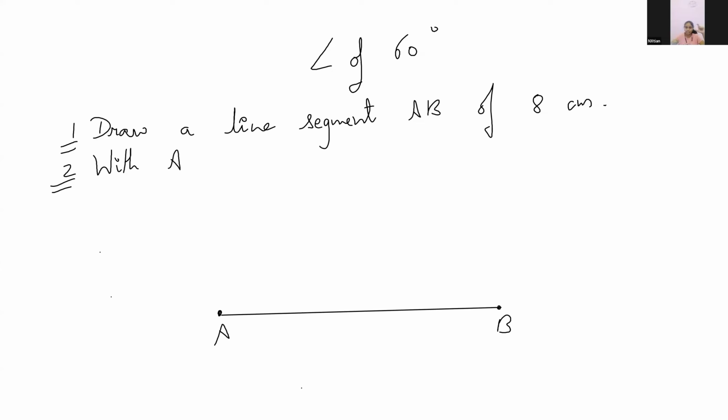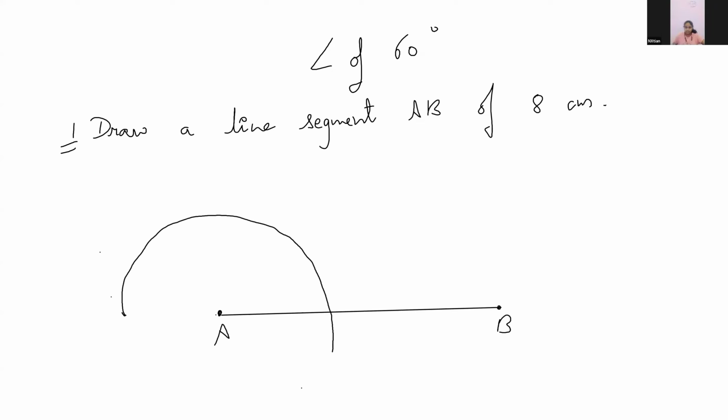Open it and draw from the compass on point A, with the pencil here, and draw a semicircle cutting the line segment AB.